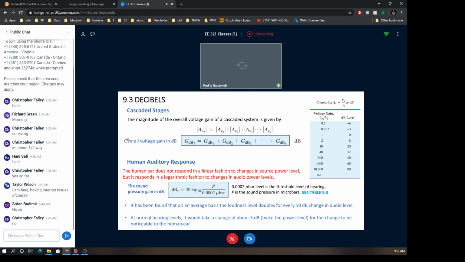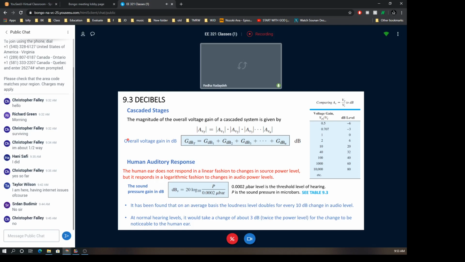And to find these individual gains, you follow the procedure we described in lecture in chapter 5 for BJT amplifiers, and in chapter 8 for FET amplifiers, where you convert the stages into two-port network models, and you connect them. After that, you find the gains of individual stages.